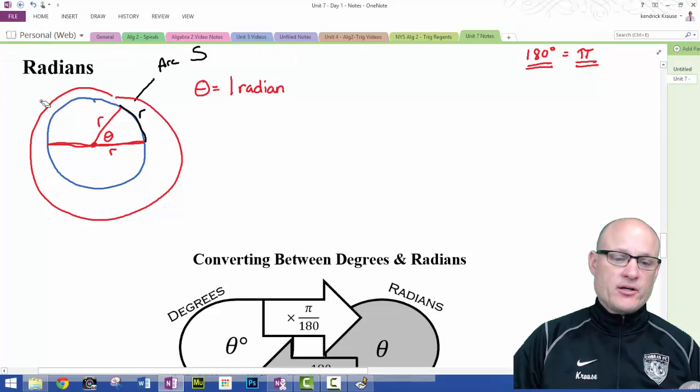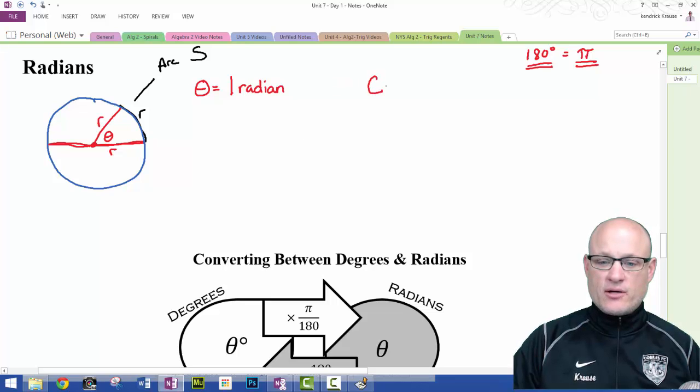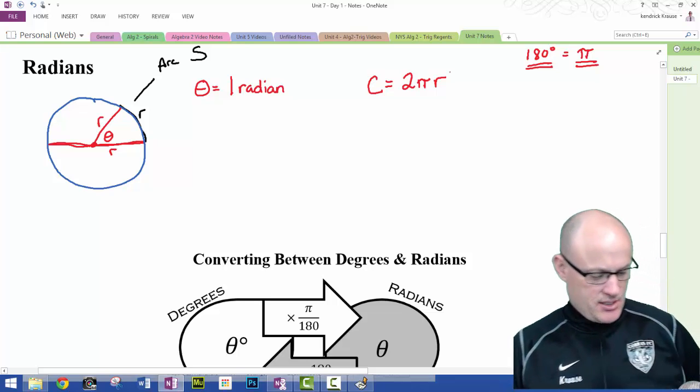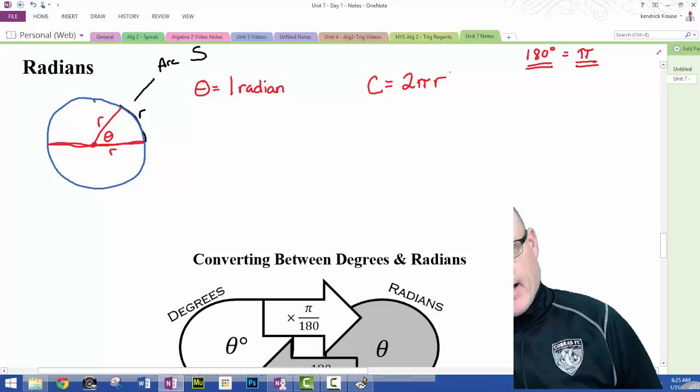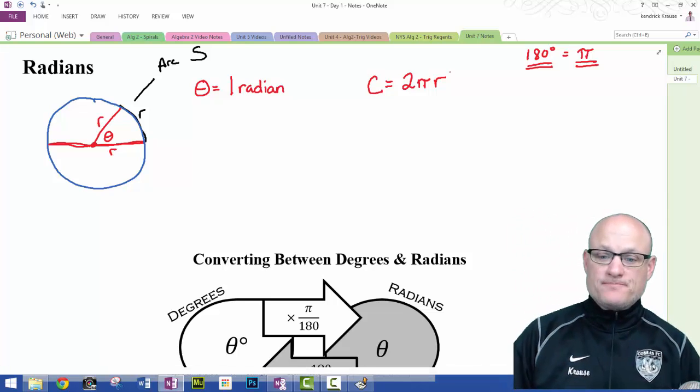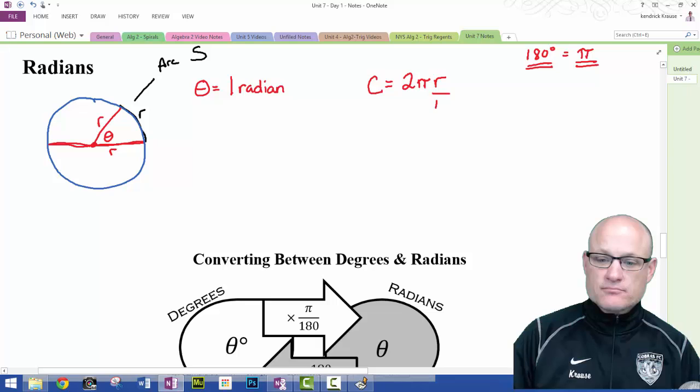While I'm erasing that, use your brain. That's right, it's called the circumference. And the circumference is equal to 2 pi r. Now, if I divide by r, I get 2 pi is equal to the circumference divided by the radius.